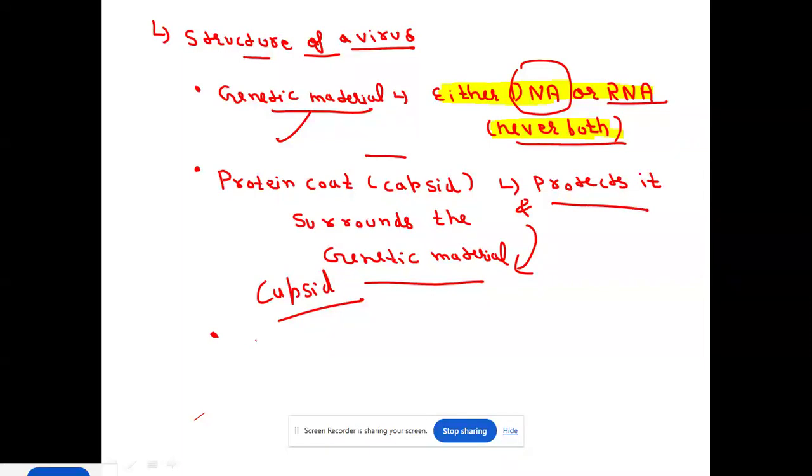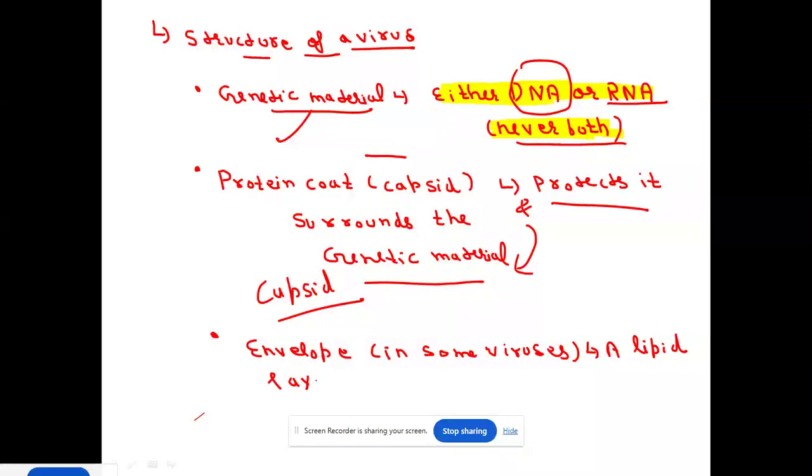Next is the envelope. The envelope is seen in some viruses. It is also an outer covering or layer.